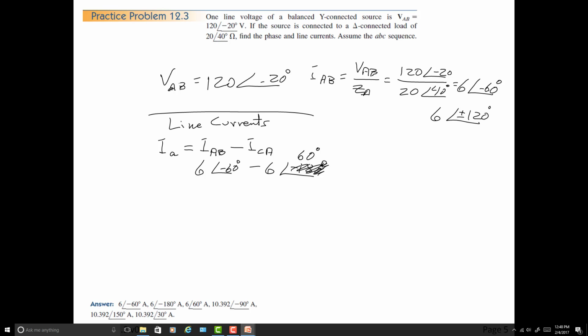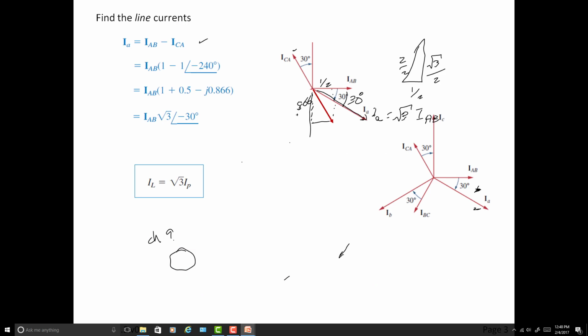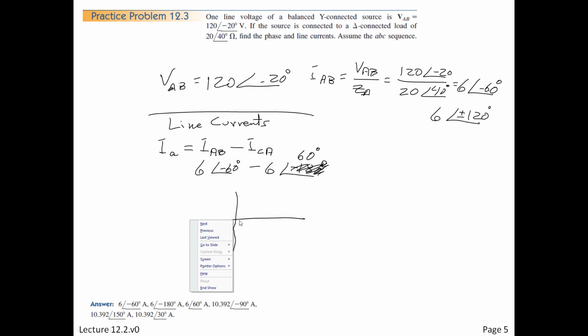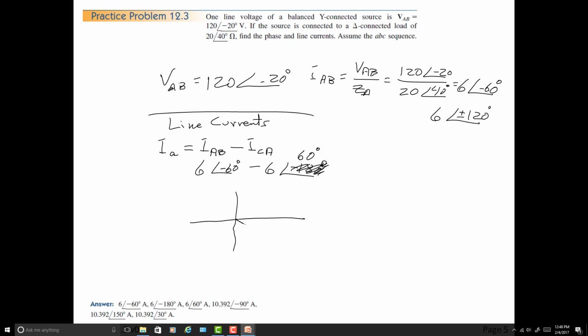And this will amount to this. We can do the math here. Actually, we could do the picture on this. Right, an easy way to do this is we've got 6 at minus 60.